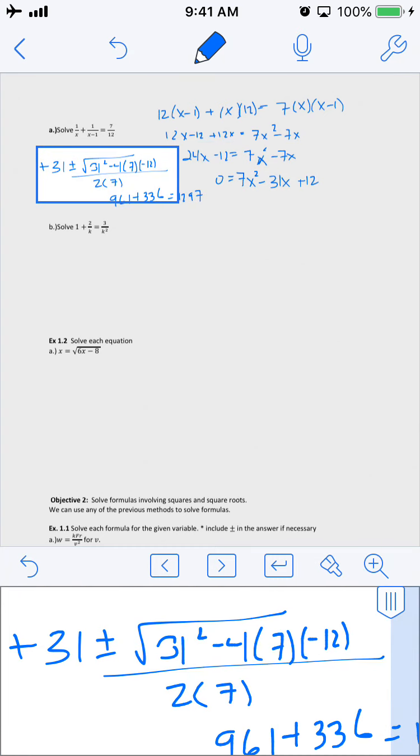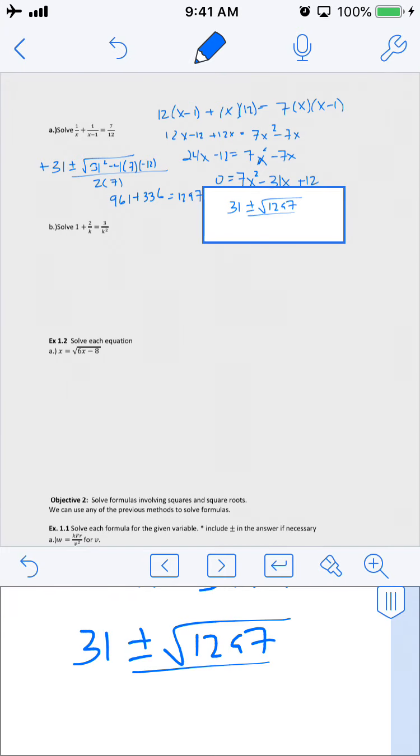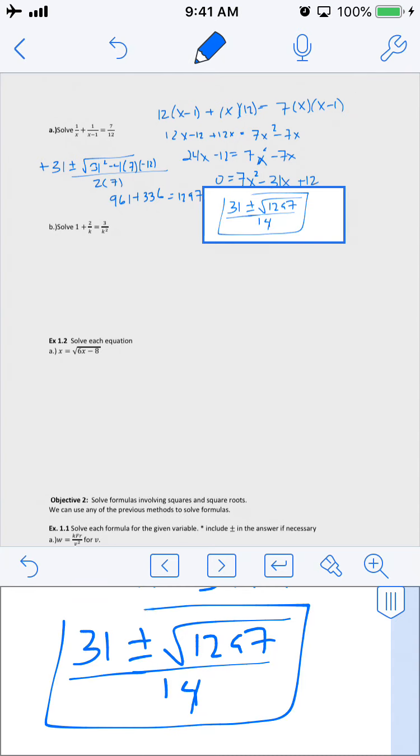Okay, x equals minus b plus or minus the square root of b squared minus 4ac all over 2a. So 31 plus or minus the square root of 1297 over 14 is our answer. Not the prettiest answer in the world, I give you that. But it works.